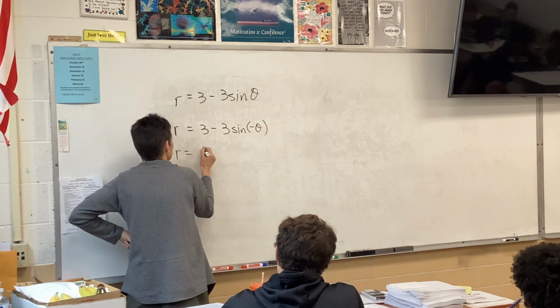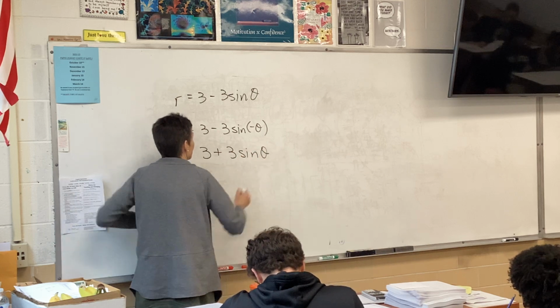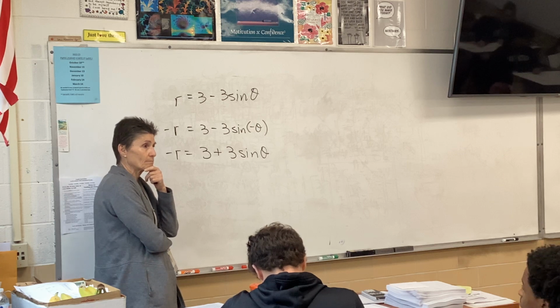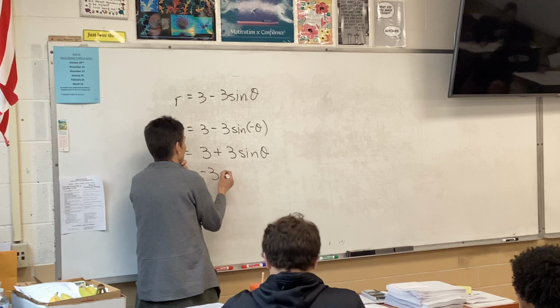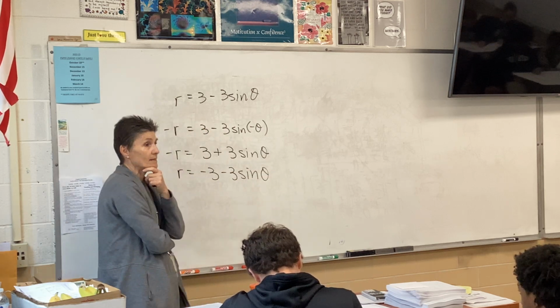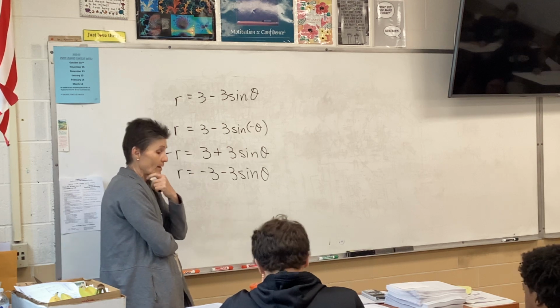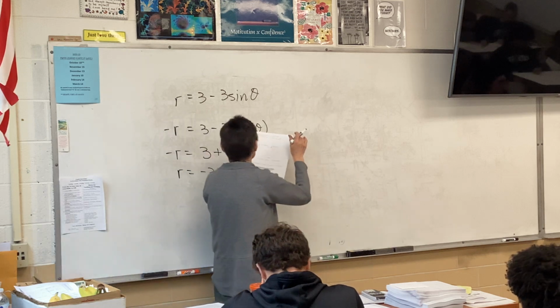So negative r equals 3 plus 3 sine theta. Is that okay? When you divide, you're going to get negative 3 minus 3 sine, which is not the same as the original equation. All right, now let's do the other one. You can't make a determination until you do the other one.